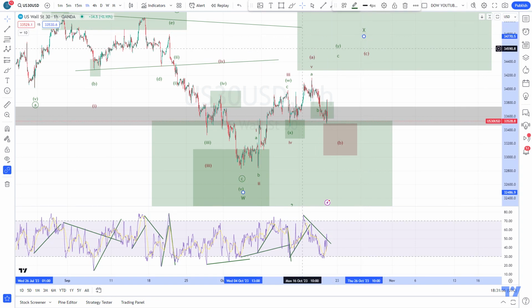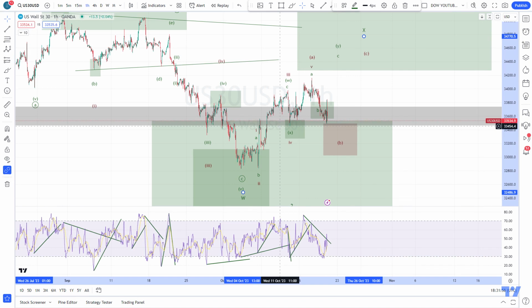What can happen then is that we are having a wave A right here, wave B down, and then a wave C up as this wave X. So let's see if we take it out or not.